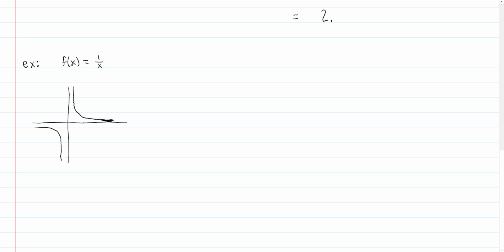And here I'm going to mark the point (2, 1/2). And let's try to find what is the slope of the graph of f at this point. All right, so we're trying to compute the derivative of f when x is equal to 2.